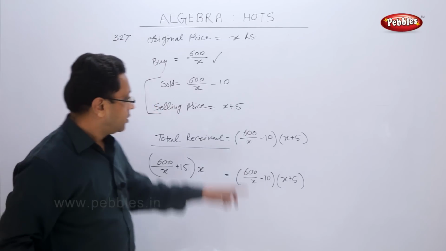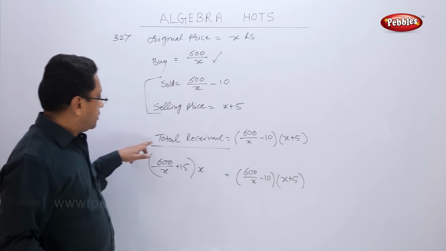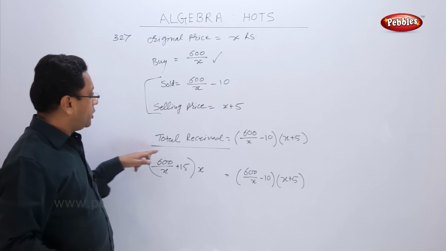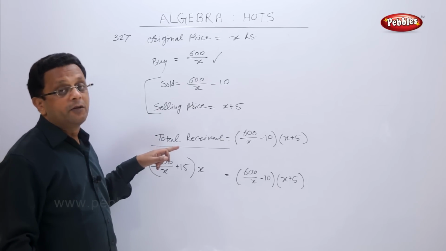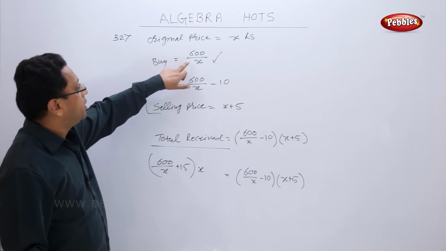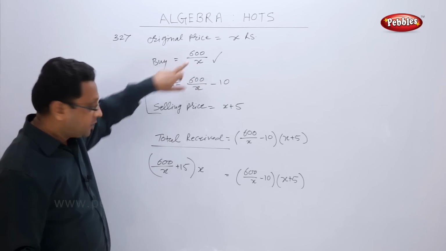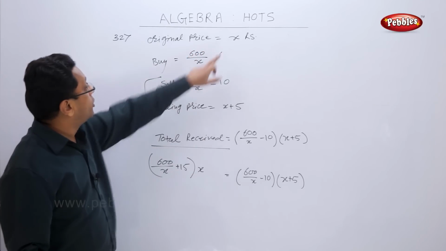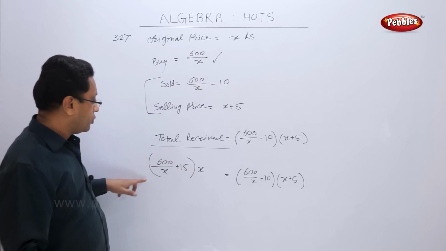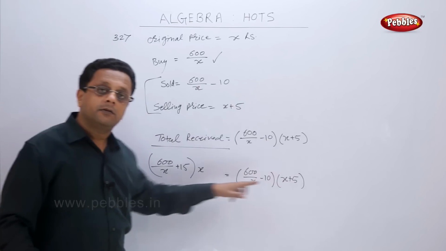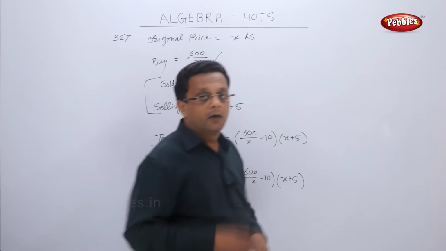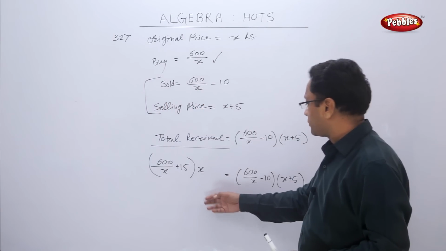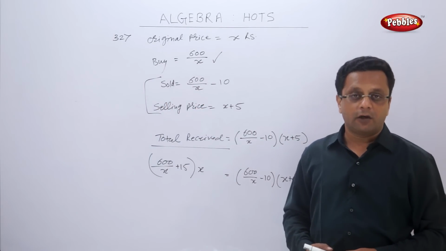He got this amount, but from this total amount received, he could have bought 15 more items. So initially he bought these many items plus 15 into original price x. So we now got this expression.